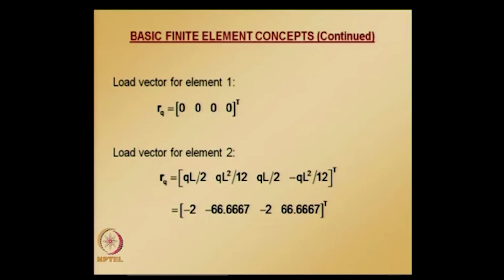Similarly, element 1 contribution goes into 1, 2, 3, 4 locations of the global force vector, and element 2 contribution goes into 3, 4, 5, 6 locations of the global force vector. So, we get the global load vector from this element load vector.